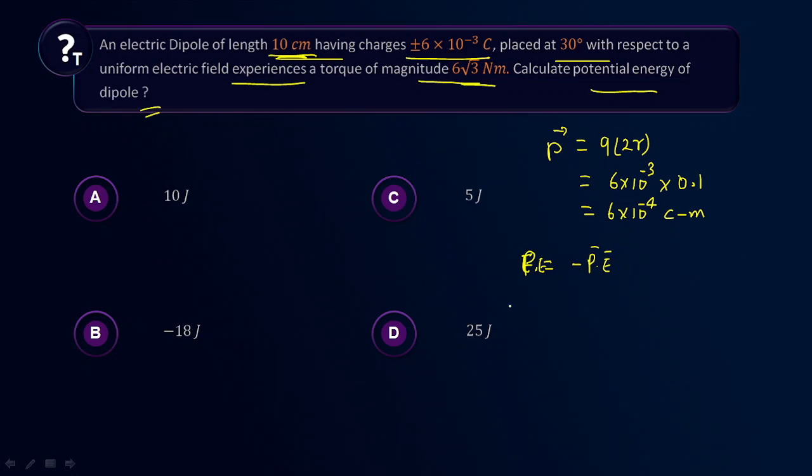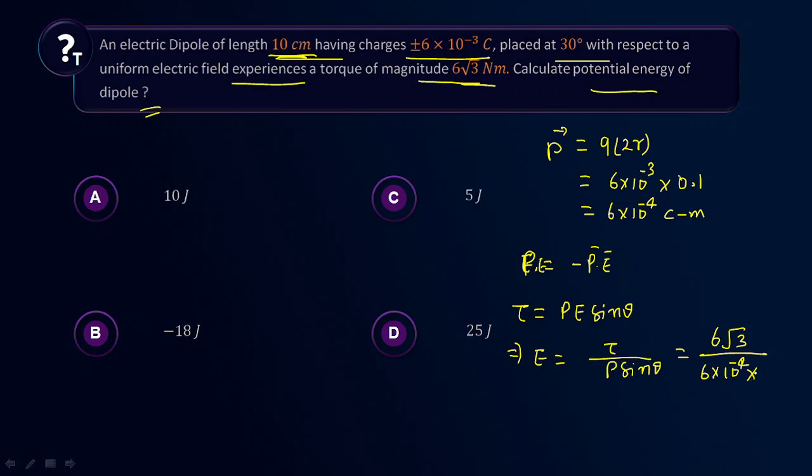So now E is how much? We don't know, but we know the formula for torque: it is equal to P cross E, or PE sine theta. Yes or no? Theta is how much? 30 degrees. So from here can I say that E will be equal to torque divided by P sine theta. So put the value: torque is 6 root 3, divided by P, 6 into 10 to the power minus 4, into sine theta.